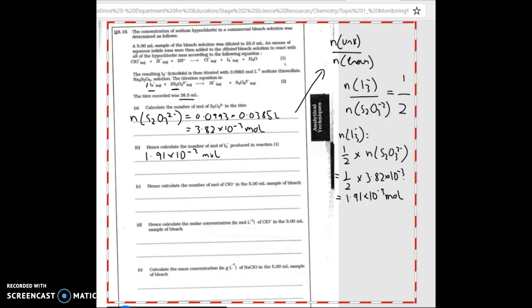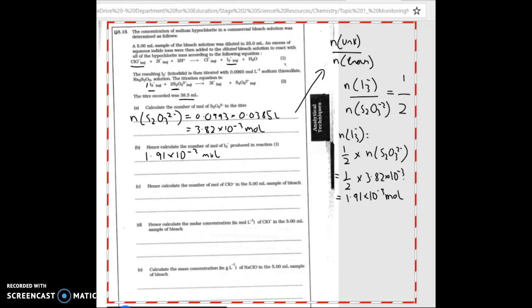Okay, part C, hence calculate the number of moles of ClO in the 5 ml sample of bleach. We know that if we look at the first equation, 1 mole of the I3 reacts with 1 mole of ClO.